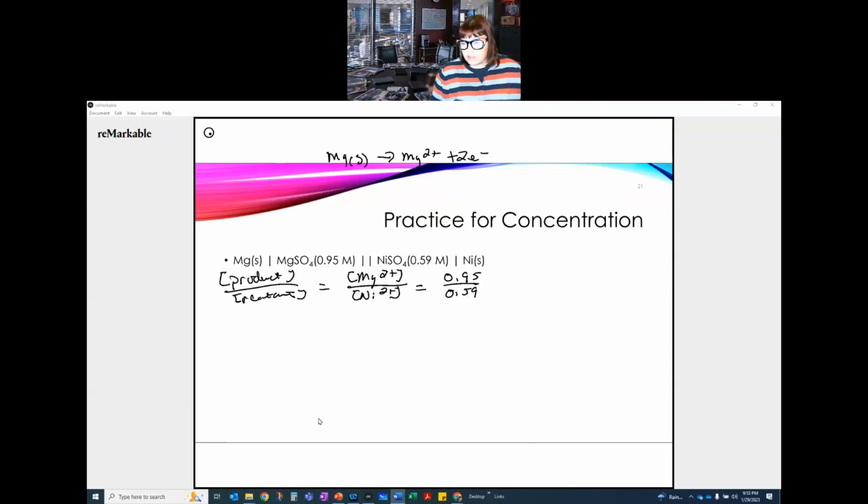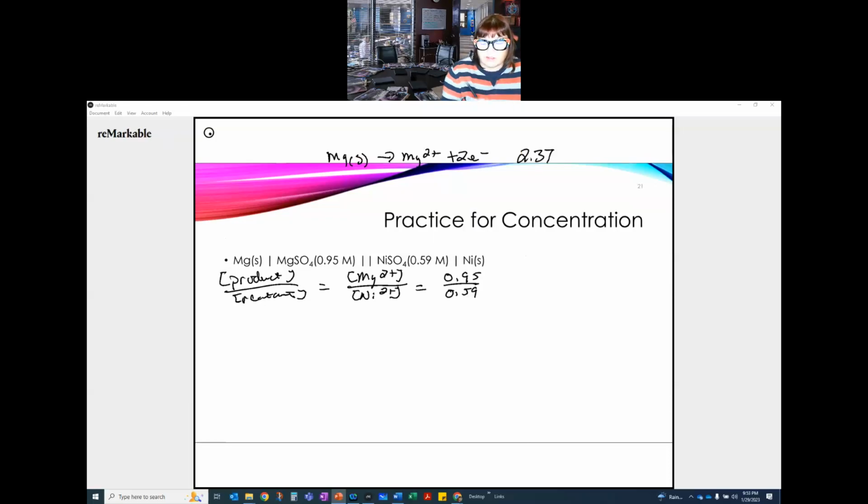And if I use my happy cheat sheet of standard reduction potentials, I scroll down to Mg2+ plus 2 electrons go to Mg solid. So the reverse of this reaction is 2.37.